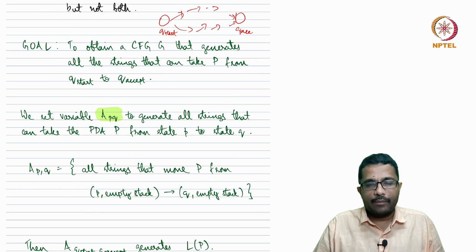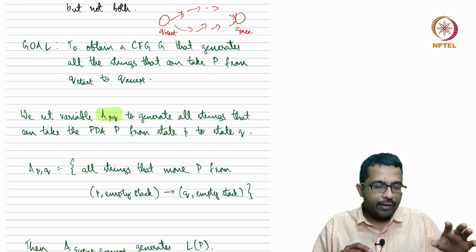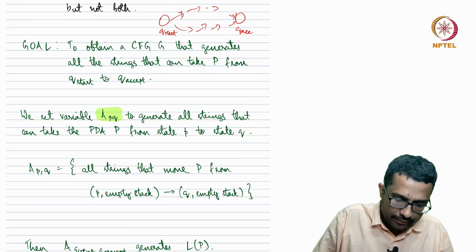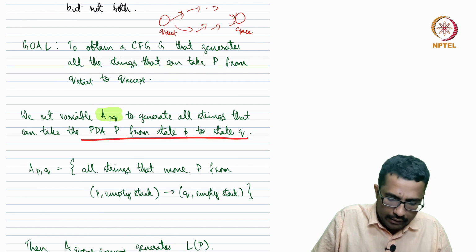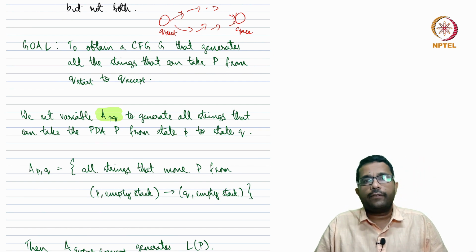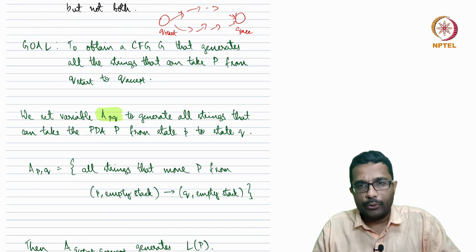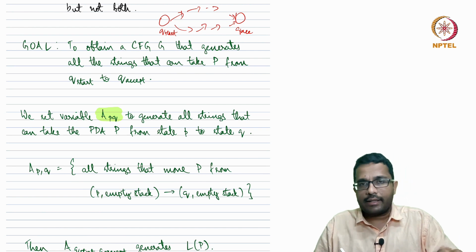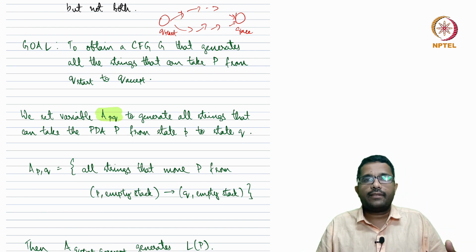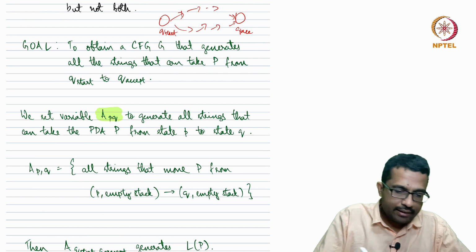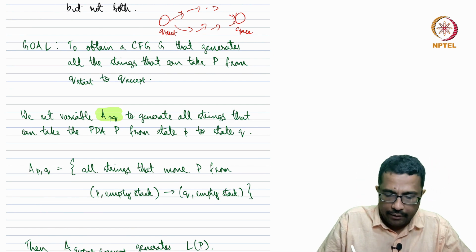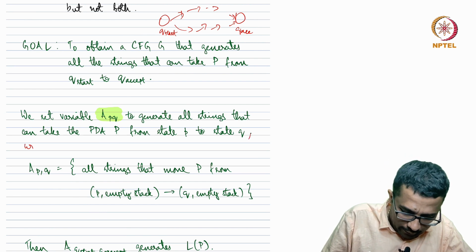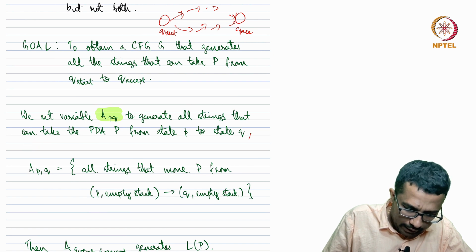We will construct the rules of the grammar in such a way that A_pq will generate all the strings that take the PDA from the state p to the state q, keeping the stack empty.